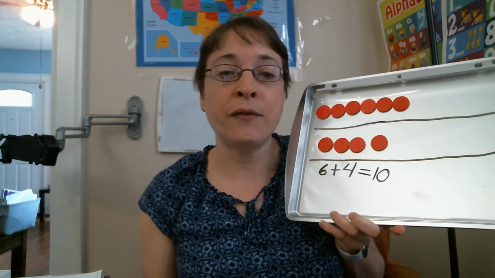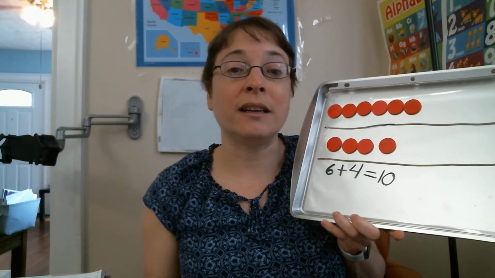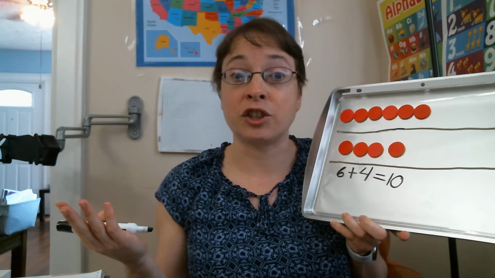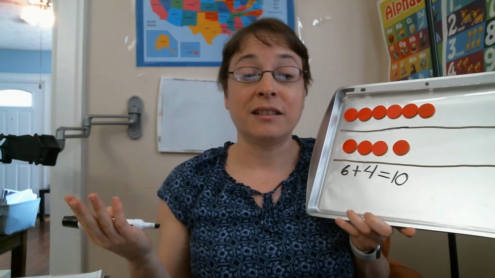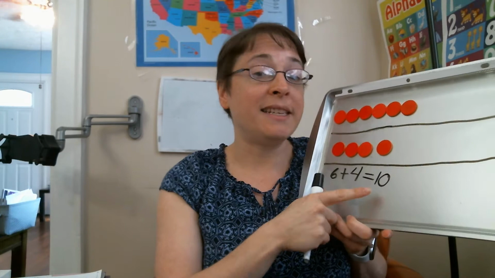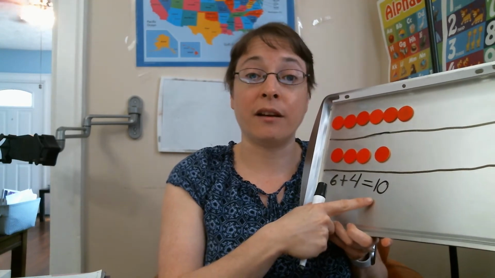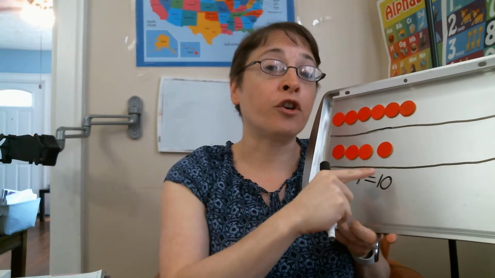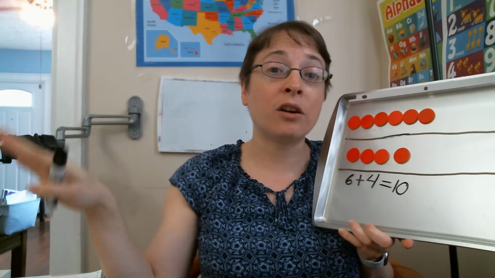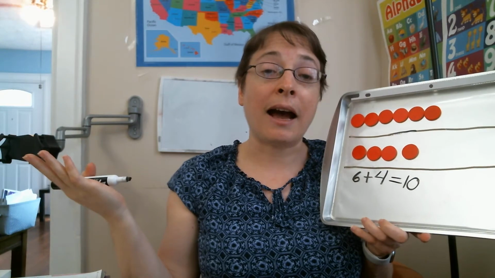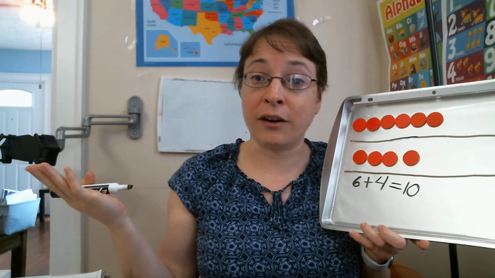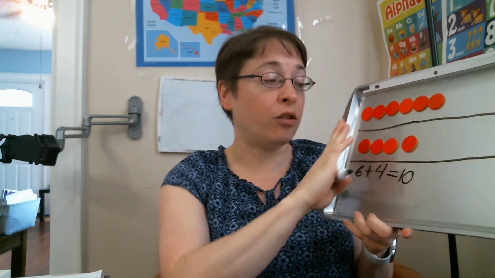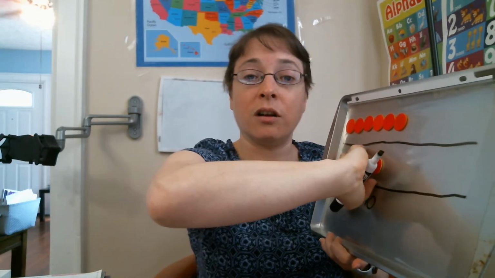But what if I wanted to make a subtraction sentence? There were 10 children. 4 girls went away. How many boys are there? So we're going to pretend that those are away.